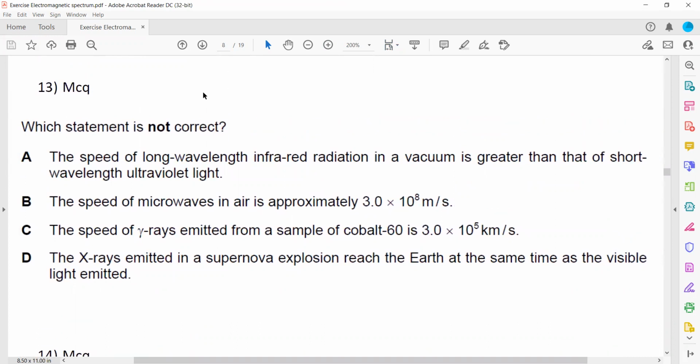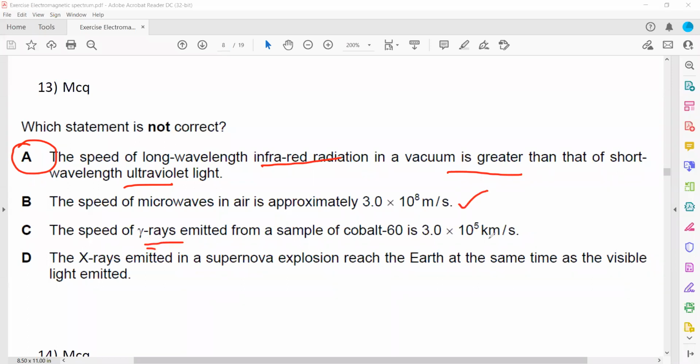Which statement is not correct? Checking question 13: the speed of a longer wavelength infrared radiation in vacuum is greater than shorter wavelength. That is not correct, because they all have the same speed. The speed of a microwave in air is about 3 x 10^8, that's true.